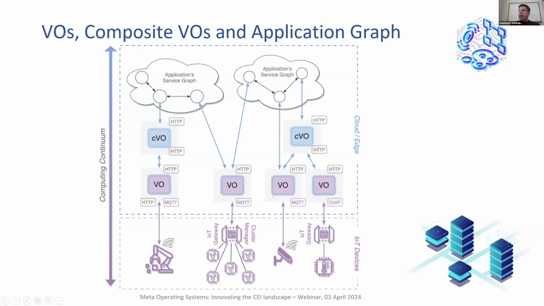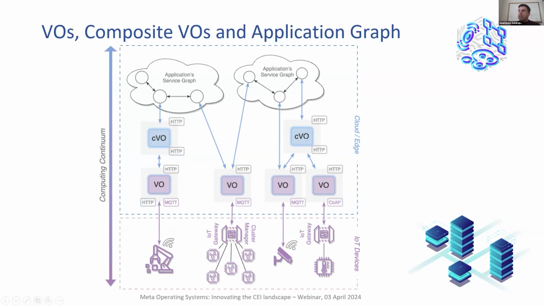And at a higher level, we have composite virtual objects that can provide some extra device-specific or domain-specific functionality in terms of virtual functions, or that can combine knowledge or actions coming from more than one virtual object. So someone can manage actions that may refer to a more complex system.